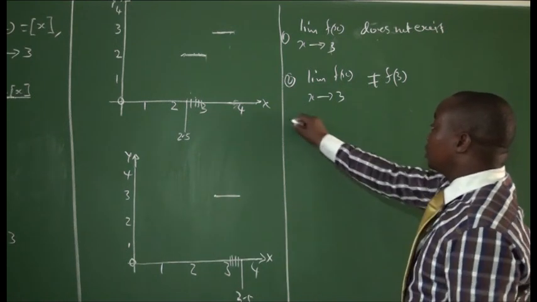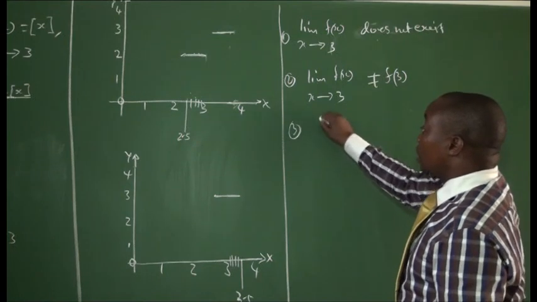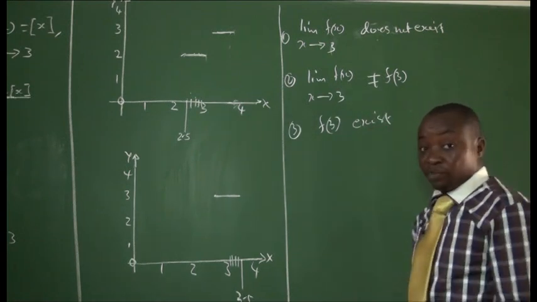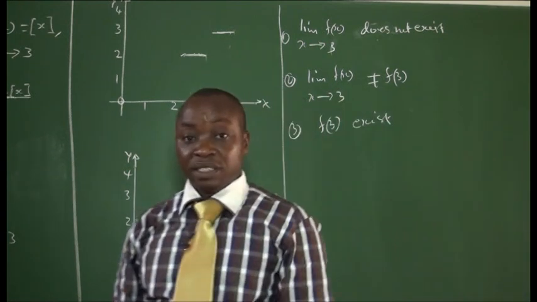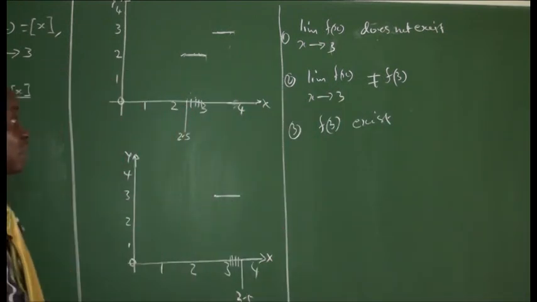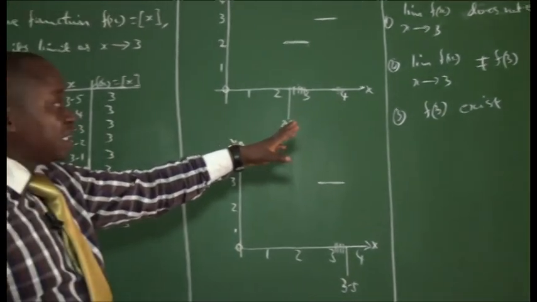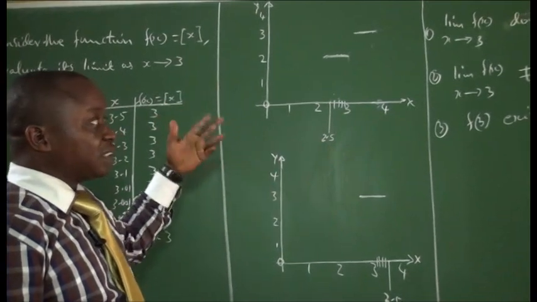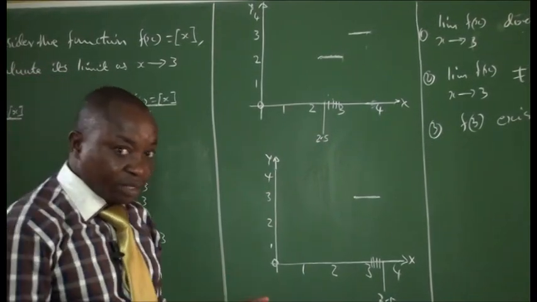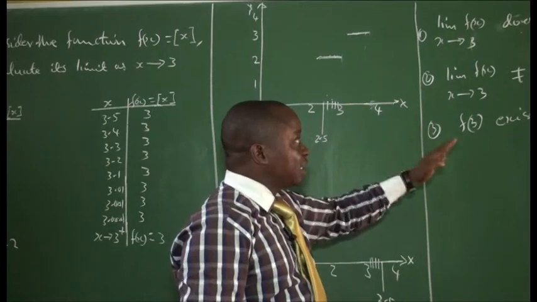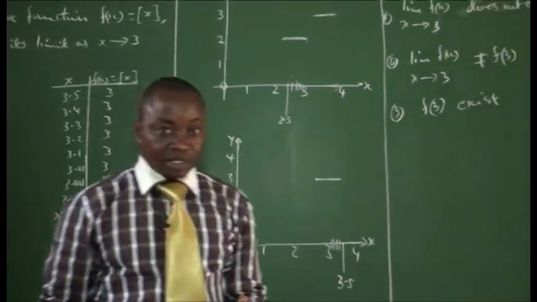Another thing is that f of 3 exists; if I put in the value, it exists. So this is a different thing entirely from the other properties that we had. Please take note of this because I'm going to use it to define continuity. That is why I take time to bring out the properties.